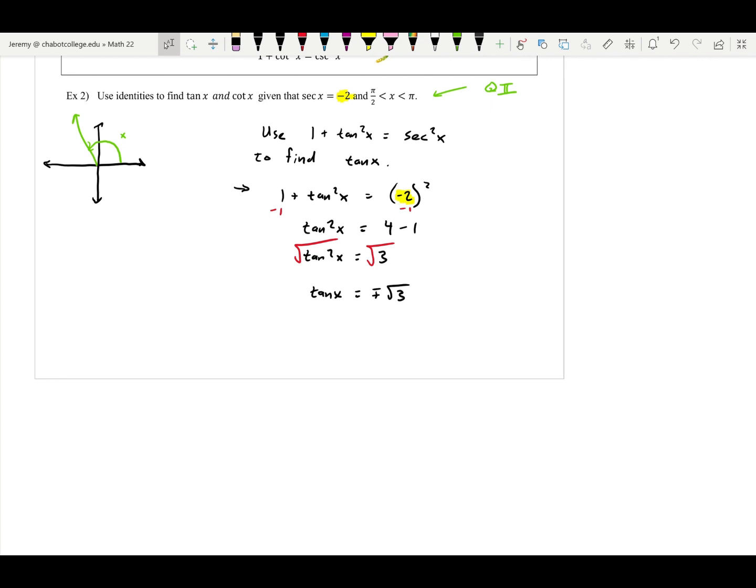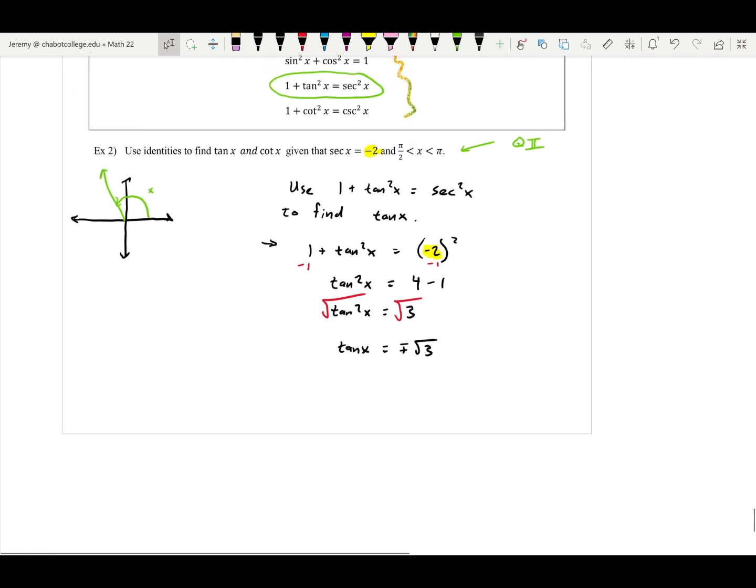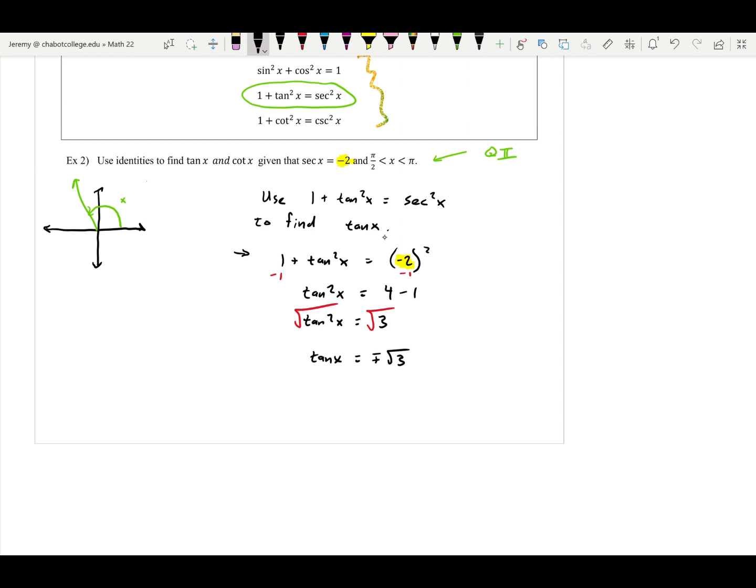So which is it? Is it plus or minus? Well, remember, all students take calculus. Since we're in the second quadrant, sine is positive, but tangent and cosine are going to be negative. Okay, so you could just remember, like, tangent is involved in all students take calculus, so I know that it's going to be negative for that reason. Or you could think, tangent is equal to sine x over cosine x.